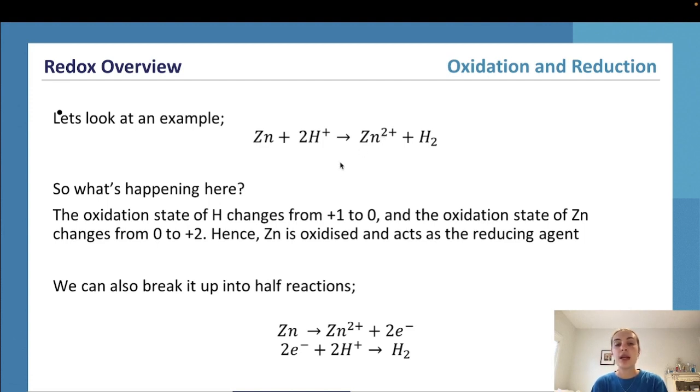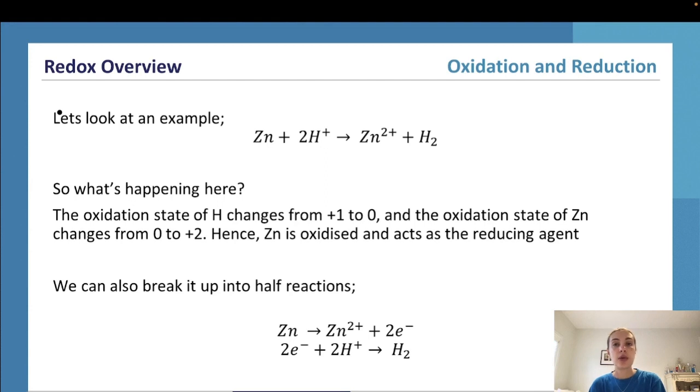And so then we need to look at what's being oxidized and what's being reduced. This is where it can get a bit tricky, in that you need to pay a lot of attention to detail and remember that what is being reduced is gaining electrons, and what is being oxidized is losing electrons.